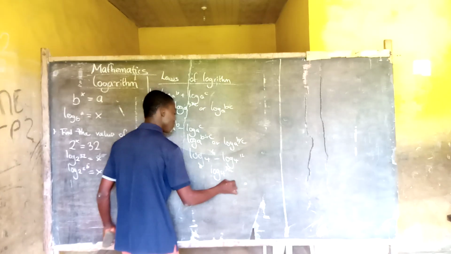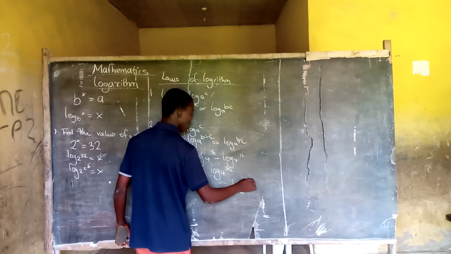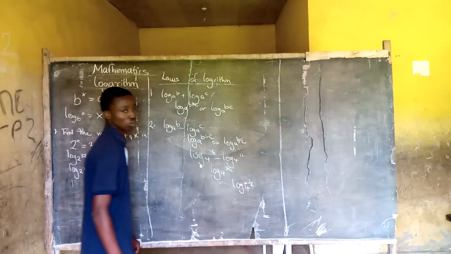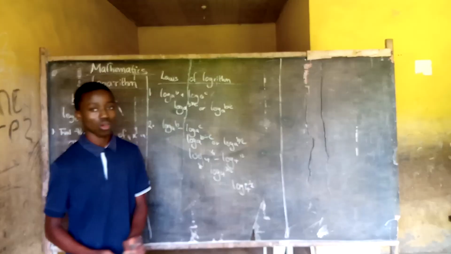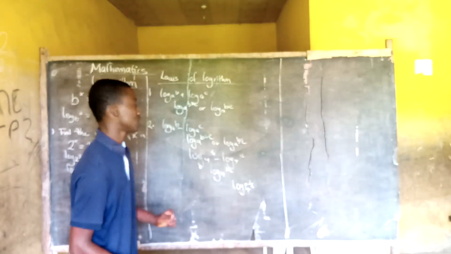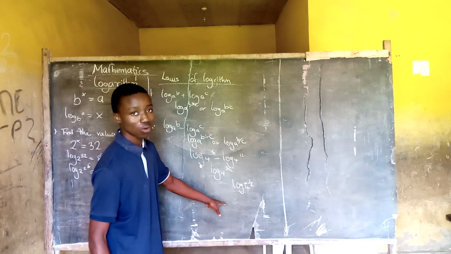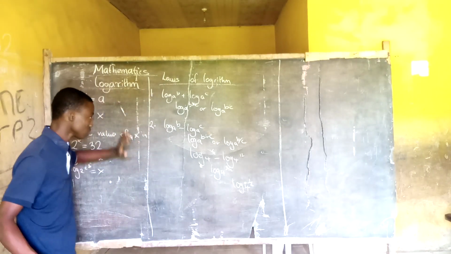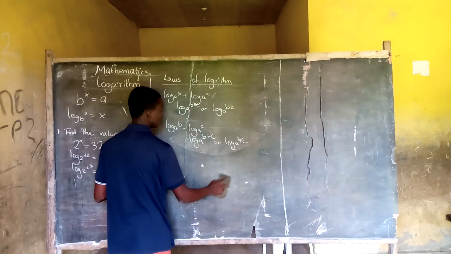Now here we end up with log to base 4 to power 1 all over 2. So this is how we arrive at this, and this is definitely our answer, because we're not simplifying further, we just evaluated. That is for law number 2.